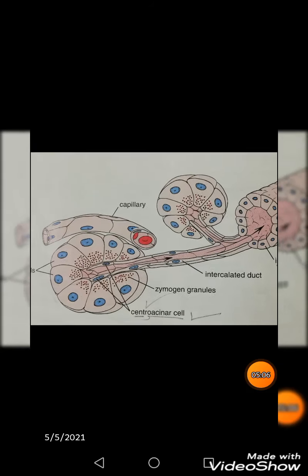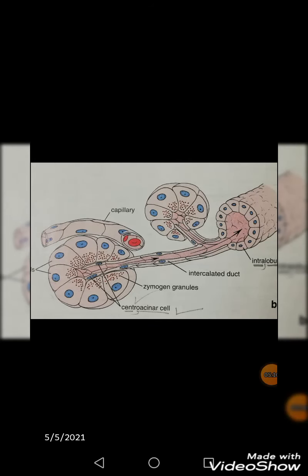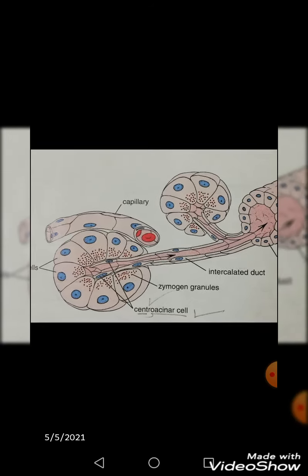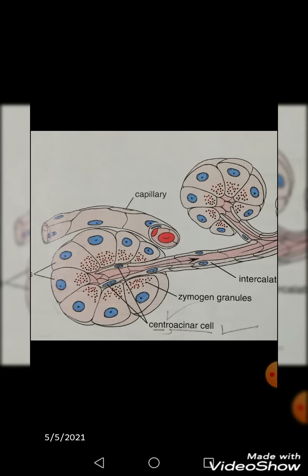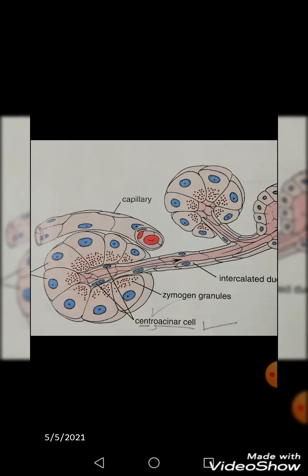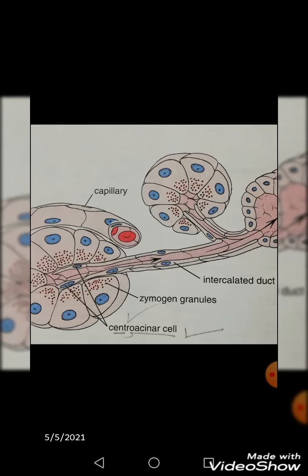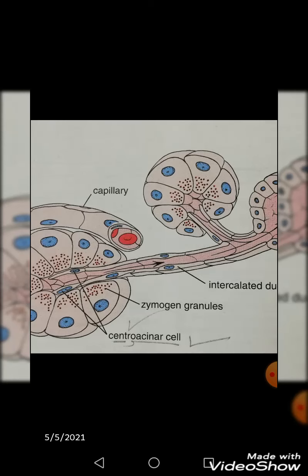Okay, in this picture we can visualize the duct system of the pancreas. That is a schematic representation. You can see the acinus, and from its center I mentioned that there lie the centroacinar cells, right? And you can see the initial duct system starts with the intercalated ducts. Can you see them? They are again lined with low columnar epithelium.